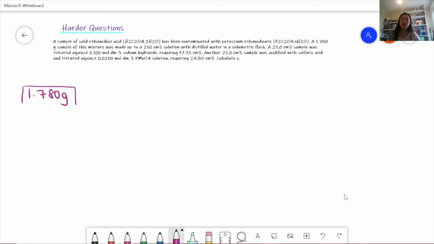And I just put this into a box. And in here we've got the ethane dioic acid, and we've also got the potassium ethane dioate.